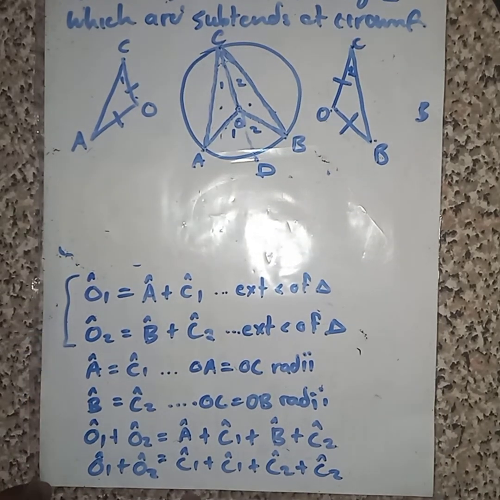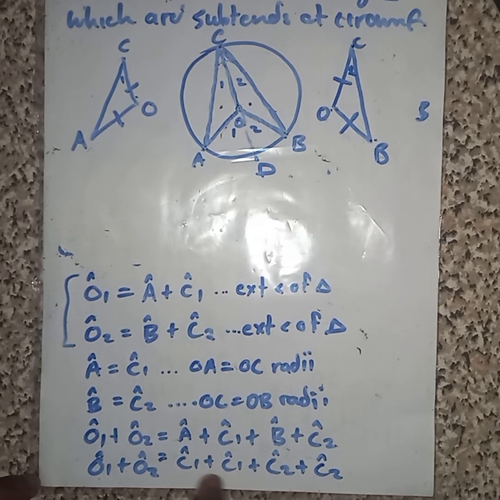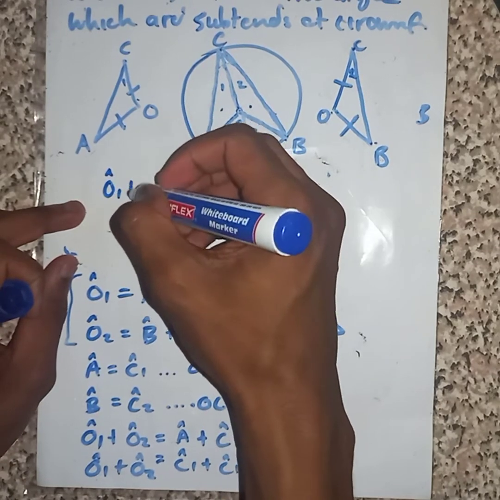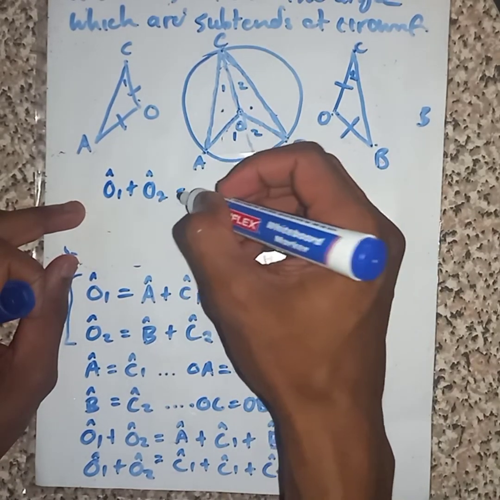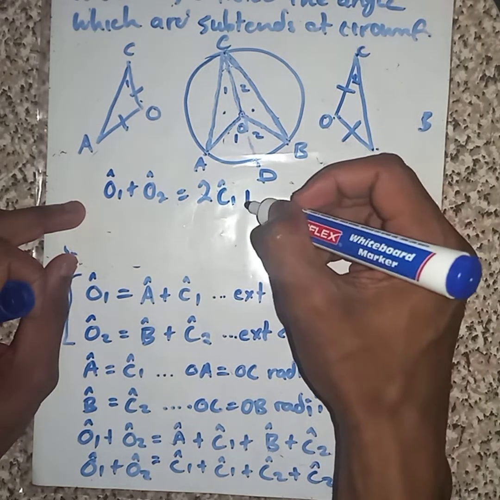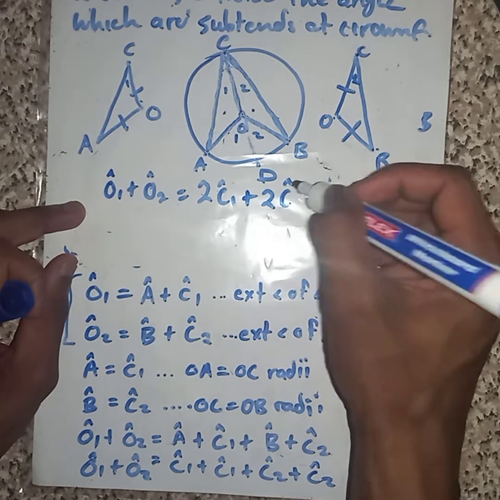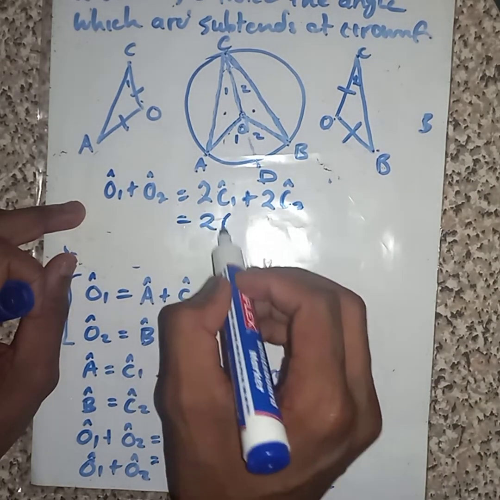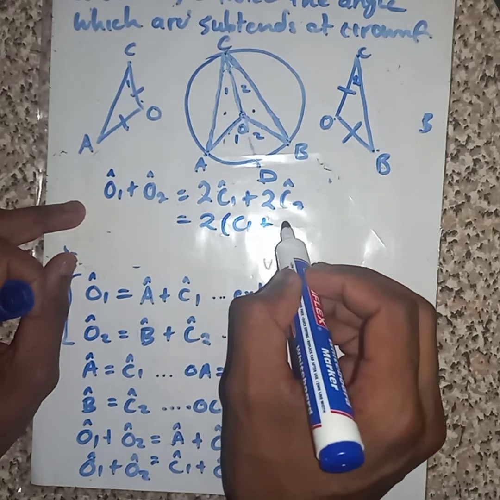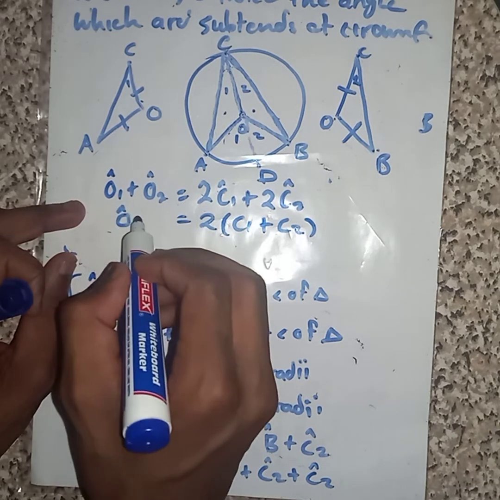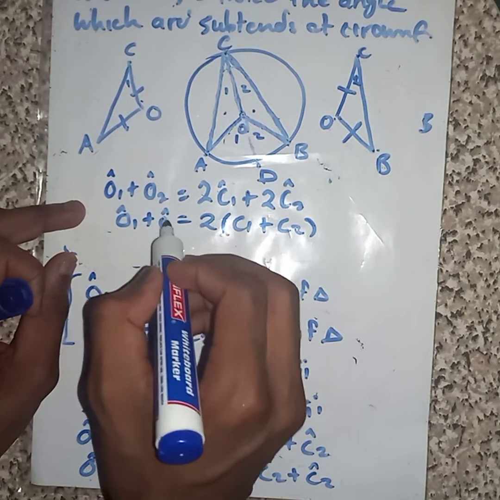By saying now, I can add these two: 2 angle C1 together with 2 angle C2. Let us factor out 2 and remain with C1 plus C2, close the bracket. Angle O1 plus angle O2. See?